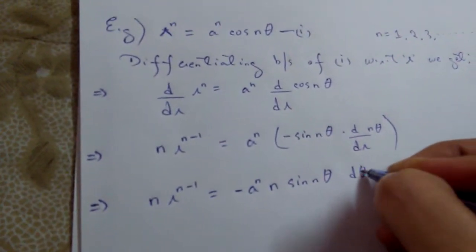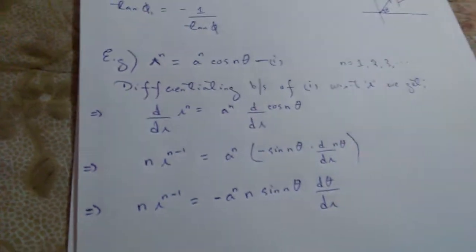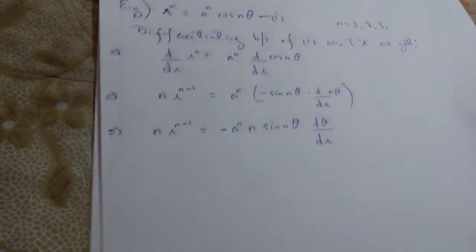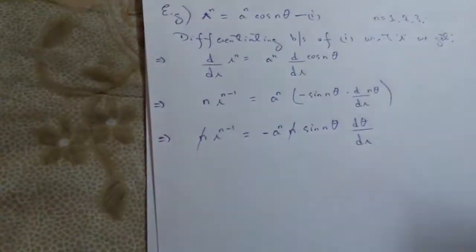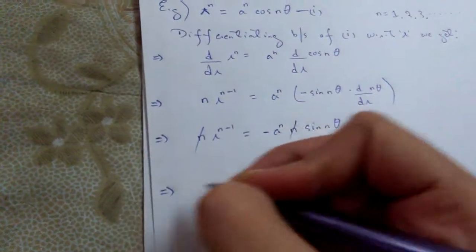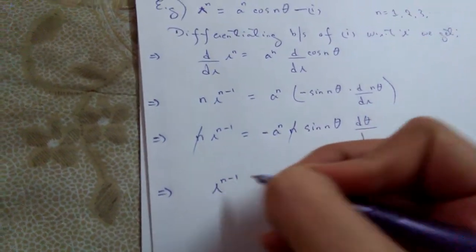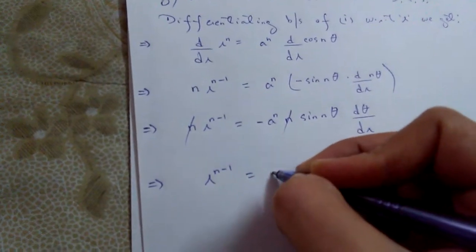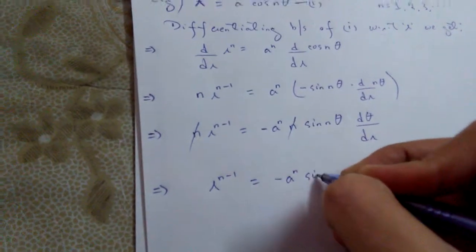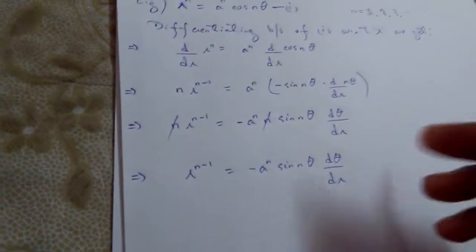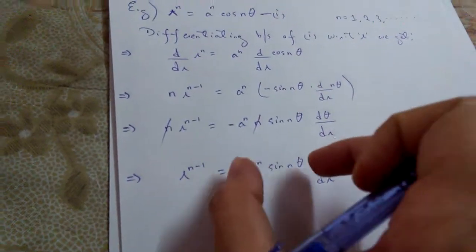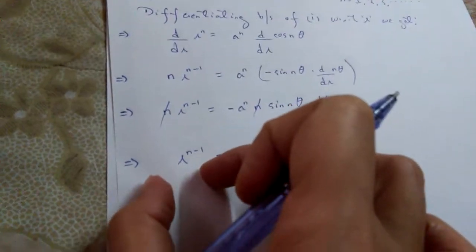Now this n and this n cancel out. So r to the n minus 1 is equal to negative a to the n sine n theta into d theta by dr. Now I'm going to shift this term over here.